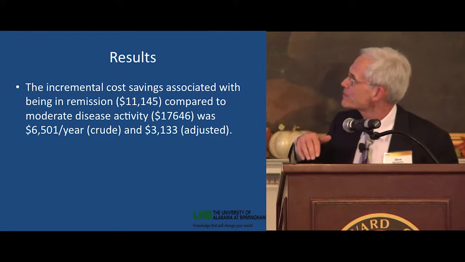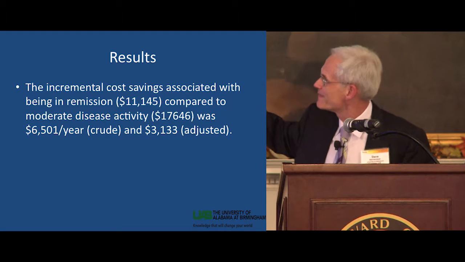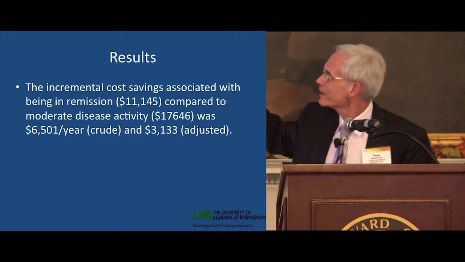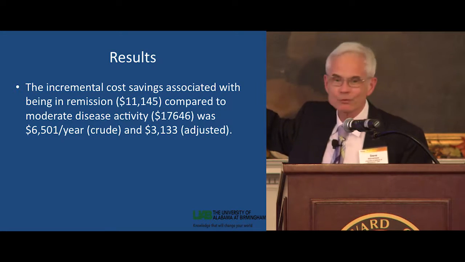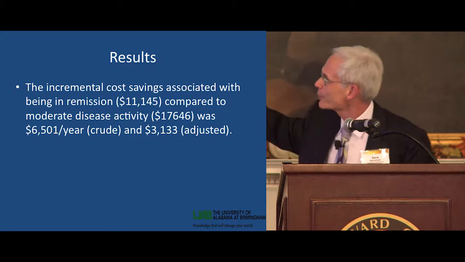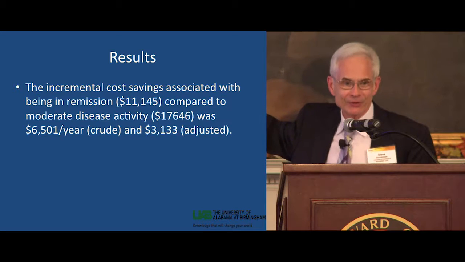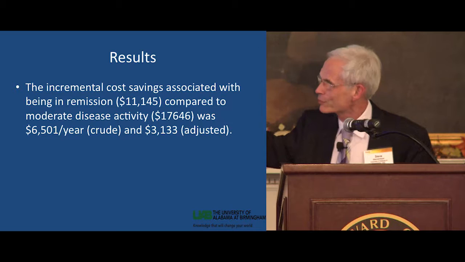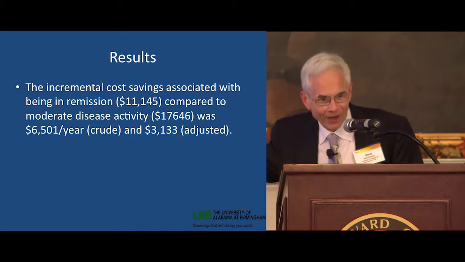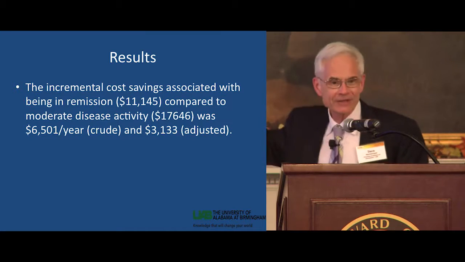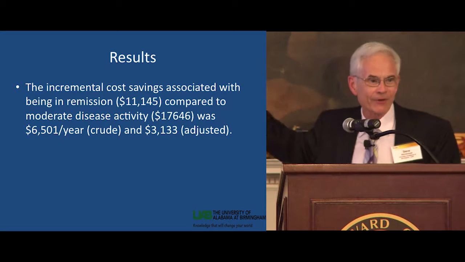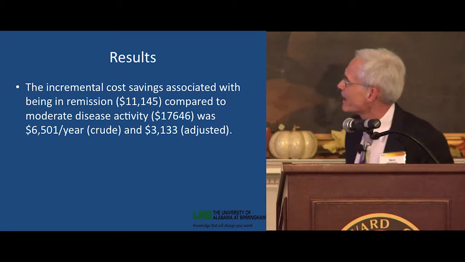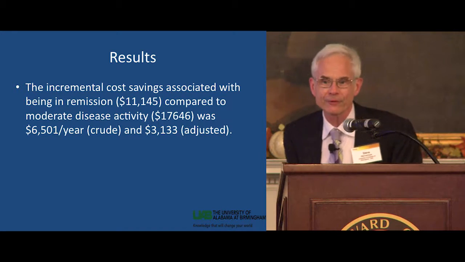I'm sorry, I'm misreading the slide. If you were in remission, your costs were $11,145. If you were in moderate disease activity, your costs were $17,646. And then so we have here a crude savings of $6,501. And after they did some adjustments with some various covariates and regression analysis, that came down to $3,133.